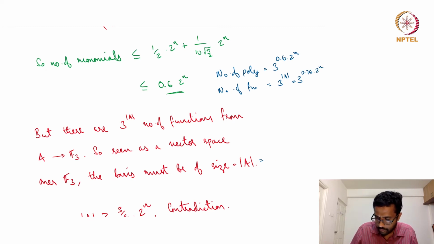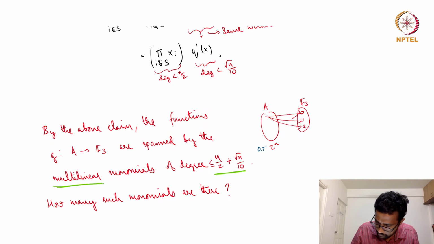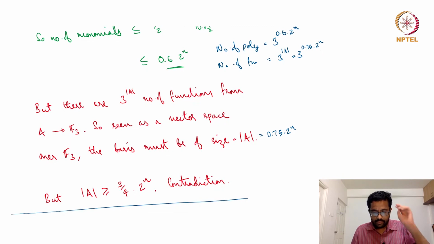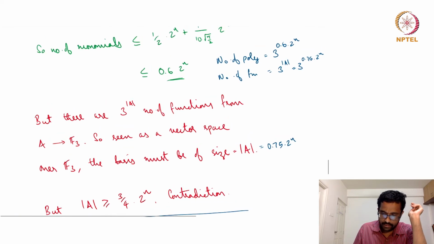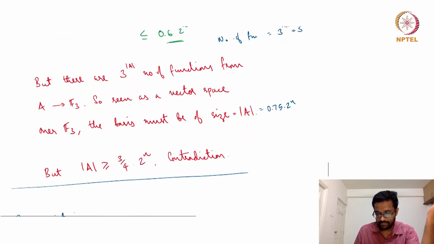Over here also 0.75 times. I think here also I said it wrong. So the size of A is this, but here we are saying the number of monomials is only 0.6 times 2 power n. So that's a contradiction.